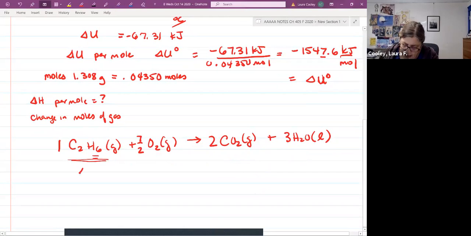So now, what is the delta N for this reaction? So you have to add up the moles of gas on the right side, final minus initial, right? So it's really going to be the moles of gas in the products minus the reactants. So it'll be 2, because you have 2 here, water is a liquid, minus 7/2 minus 1, because ethane is also a liquid.